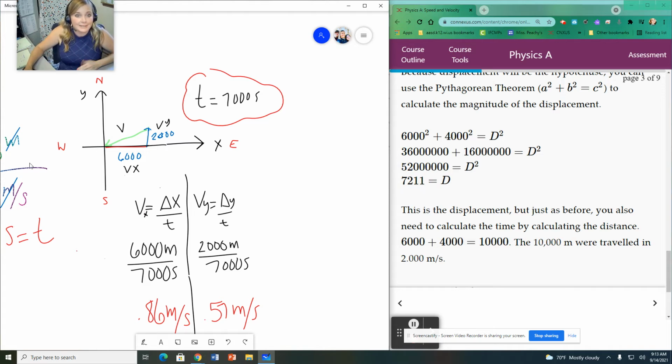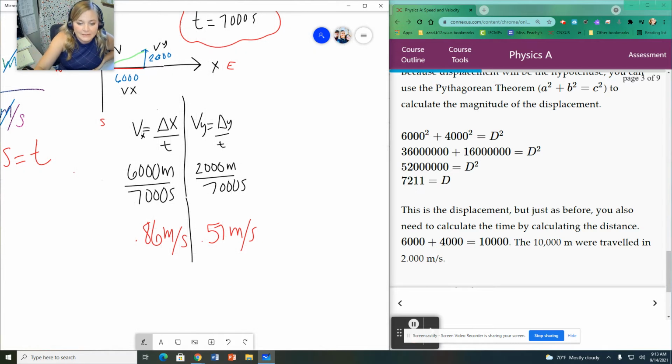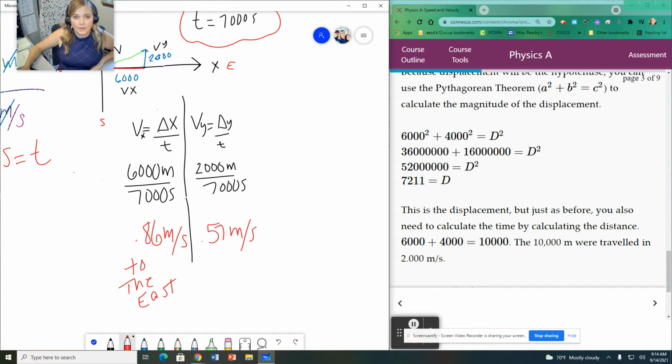So our net displacement in that direction is to the east. So we say that the net velocity is to the east, same direction as the displacement. And for v sub y, the velocity in the y direction, that's just north. We didn't have more than one direction there, so that's a little easier to figure out, but it's to the north.